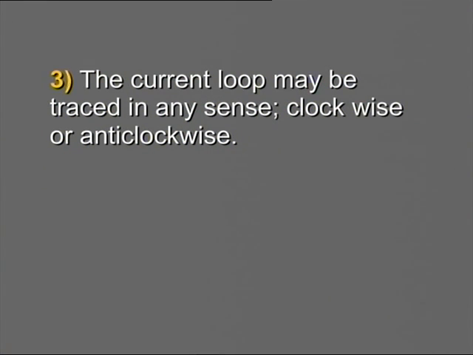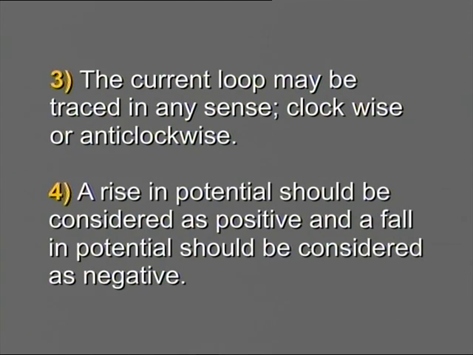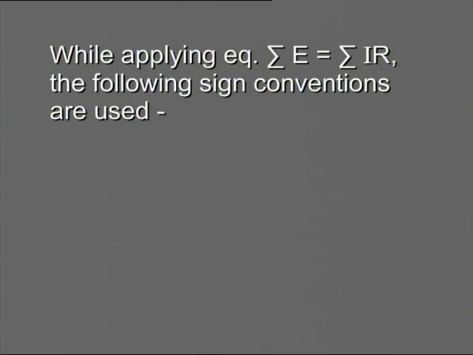The current loop may be traced in any sense, clockwise or anticlockwise. A rise in potential should be considered as positive and a fall in potential should be considered as negative. While applying the equation summation of E is equal to summation of IR, the following sign conventions are used.